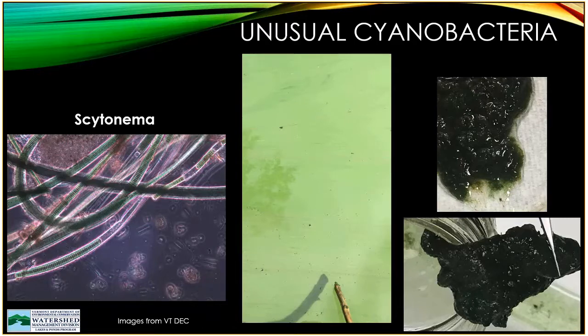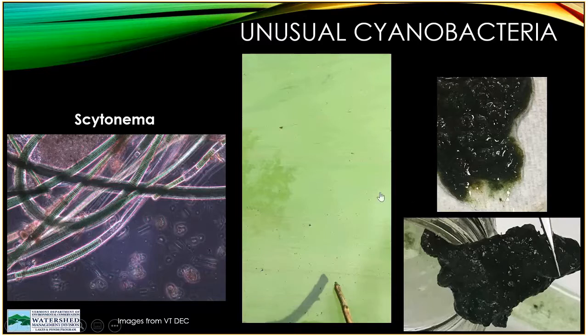The image on the lower right, in that case, the Cyanobacteria was battered by waves, I believe, so that it formed a really dense piece of material that I could lift out, and it tore almost like rubber or cardboard. It was very interesting. And then when we thought we understood what a Cyanobacteria looked like in this benthic format, we got the image in the middle from some of our state park staff on Lake Carmi, where Cyanobacteria did not look like filamentous green algae.